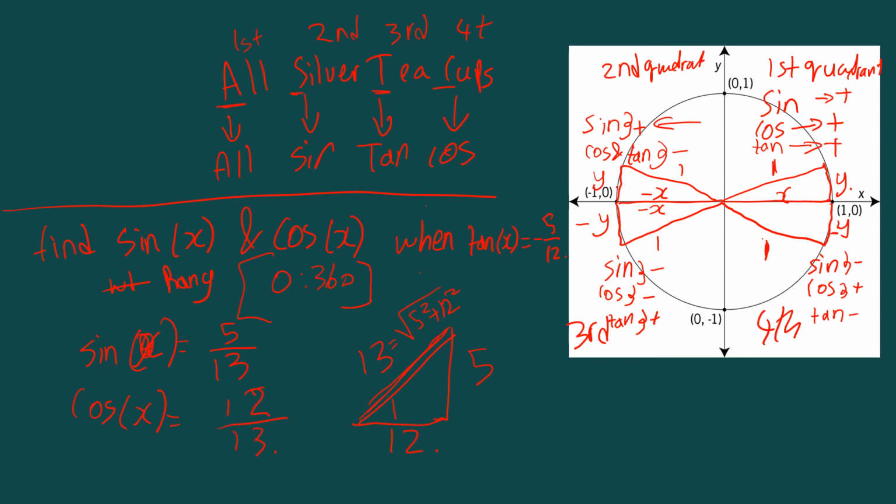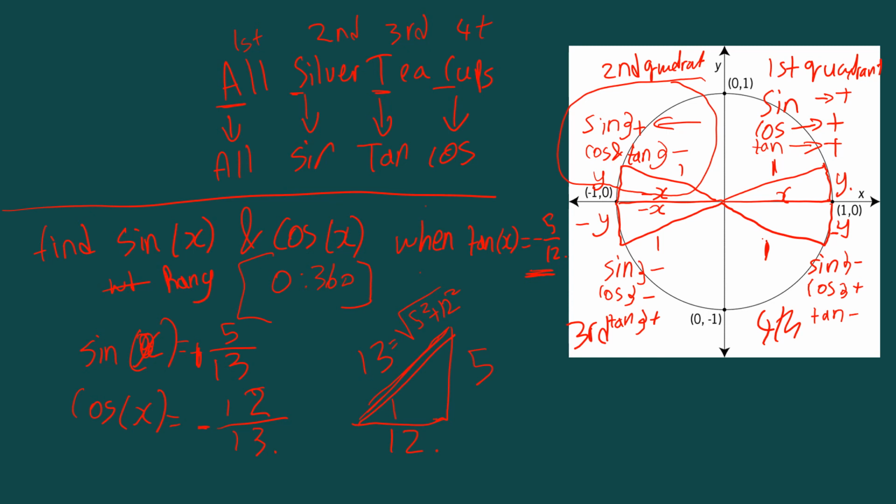Now in here it says that tan is negative, so if we know that tan is negative, it's going to have to be in this quadrant where tan is negative. So if tan is negative, cos is also going to be negative, and sine is going to be positive. Okay, now if it says tan is positive, then both of them are going to be positive.